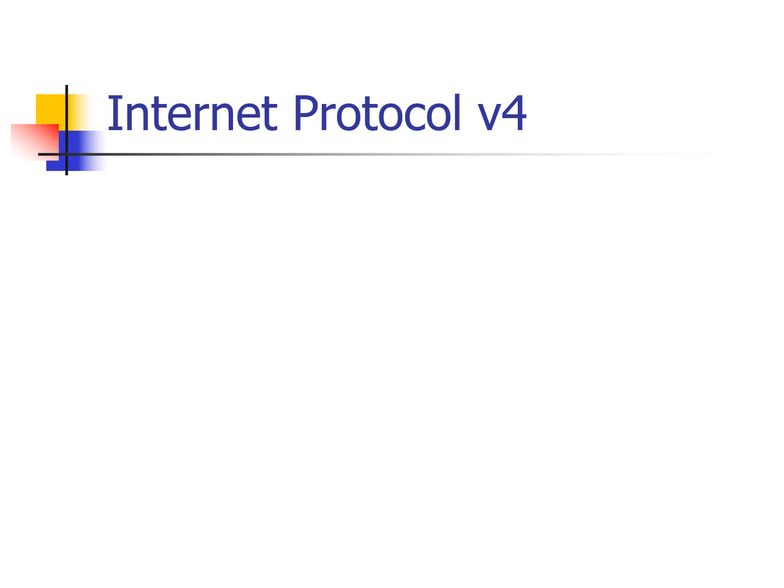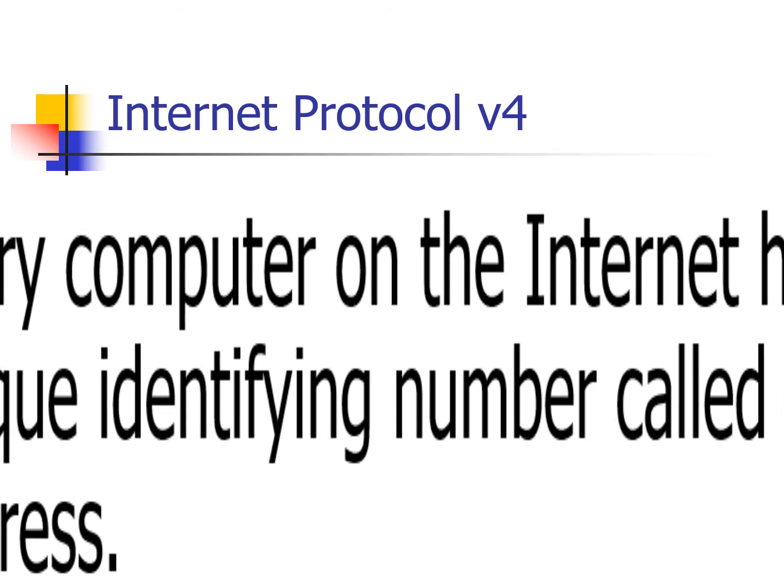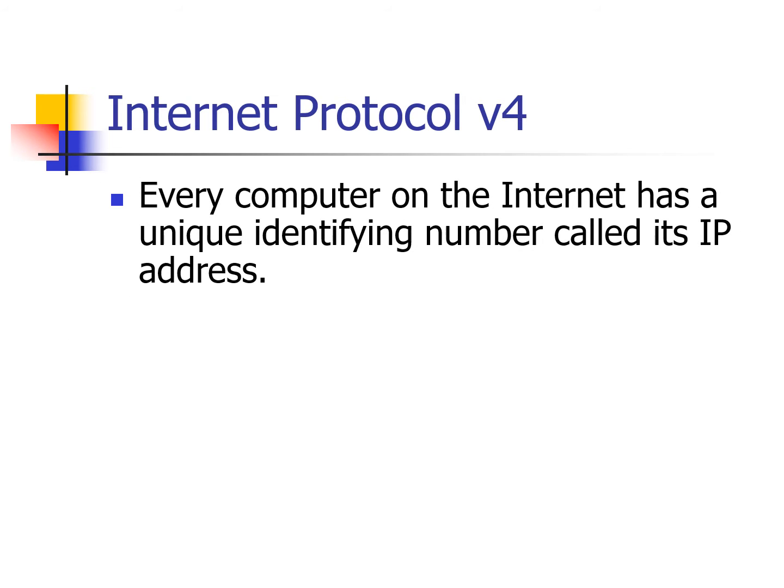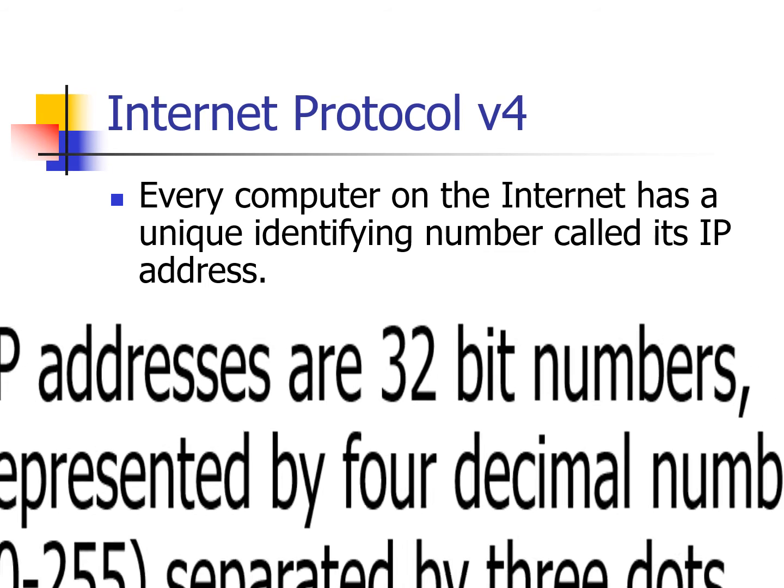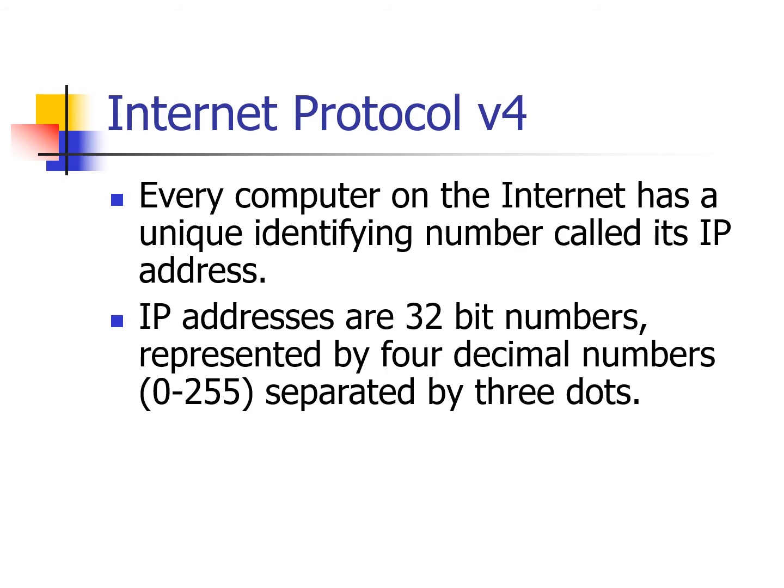So, how does this work? Every device, every computer on the network has a unique identifying number, and that number is called its IP address. IP addresses are 32 bits long, 32 ones and zeros, but we represent them by 4 decimal numbers, separated by dots, and the numbers must be between 0 and 255.